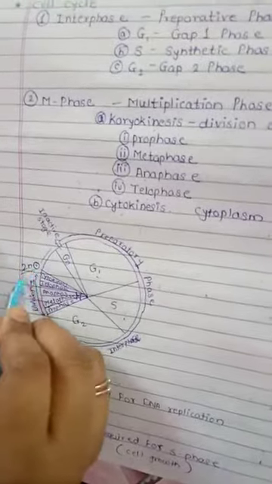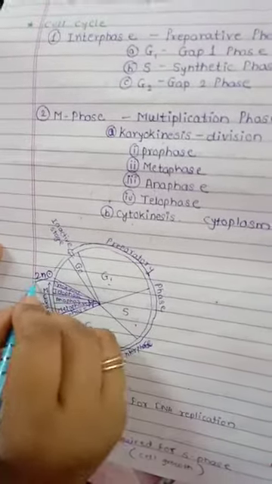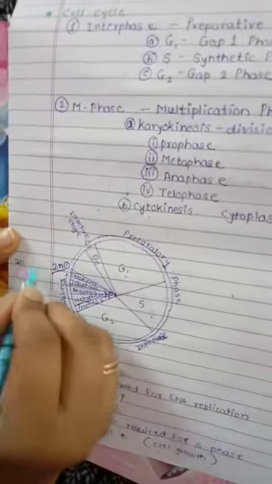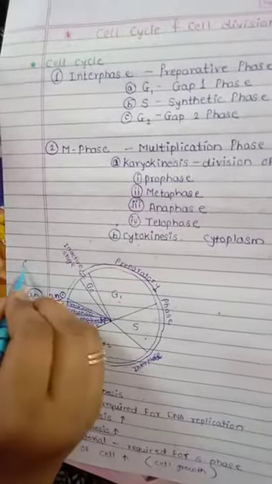We know that in mitosis the parent cell is 2n, and two cells of 2n number are produced by division from one cell.